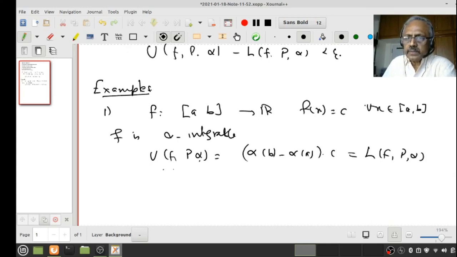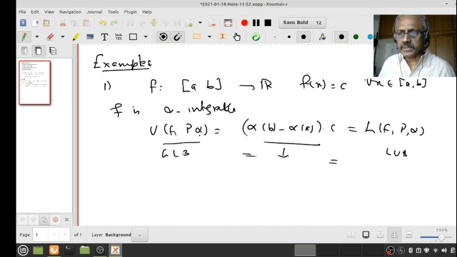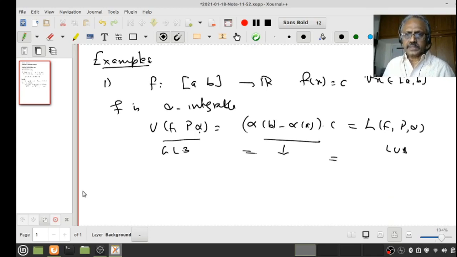Therefore, if I take the GLB of this and the LUB of this, I am going to get this. Therefore, the upper and lower alpha integrals coincide, therefore f is integrable. That's a very easy thing.